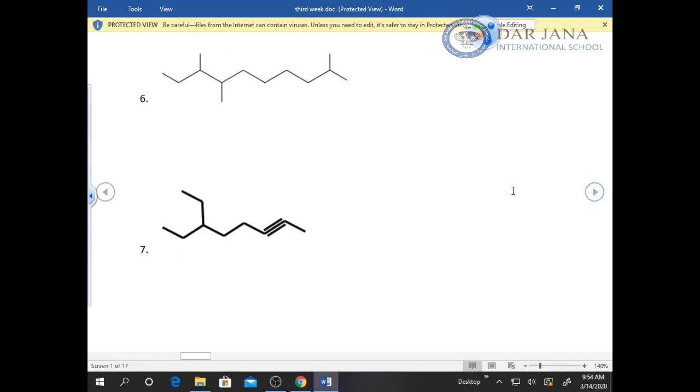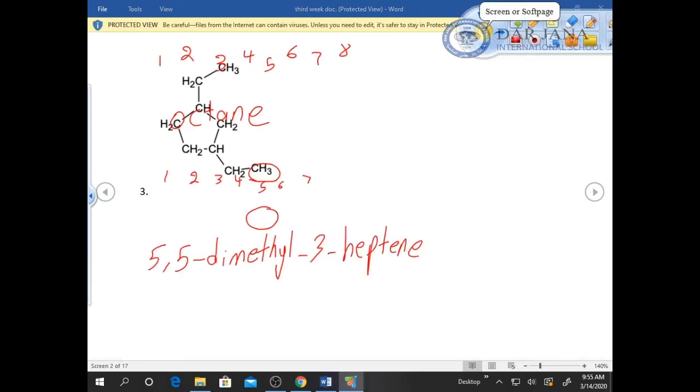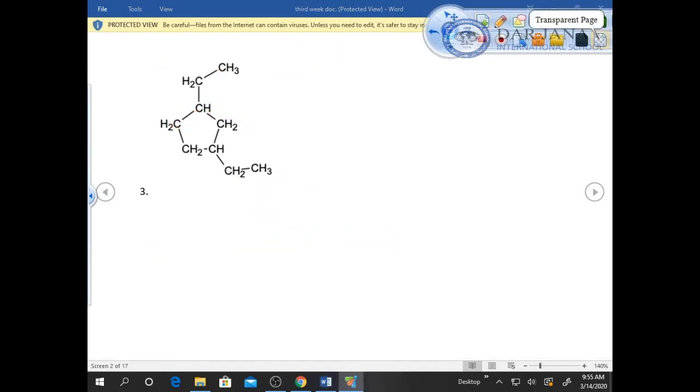Moving to the third molecule, this molecule is a branched cycloalkane. The cycloalkane is here. Here we have cyclopentane. It contains 5 carbon atoms.